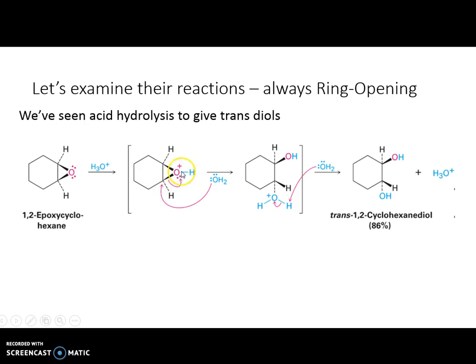But even if it were to open and put a positive charge here, the non-bonding pair on the oxygen is still going to be very, very close to that positive charge. So the nucleophile, which is water here, is going to do an underside attack so that we get a trans diol. So we have acid hydrolysis to give trans diols. Our other reactions are going to be very similar to this.